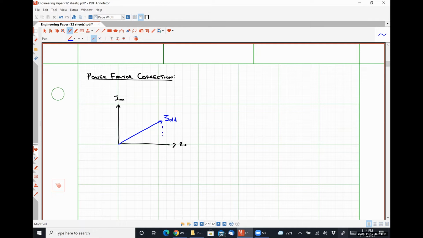Its projection onto the real axis will then be P old, because that's the real part of it. And its projection onto the imaginary axis will be Q old. And the angle formed will be theta old, like so.